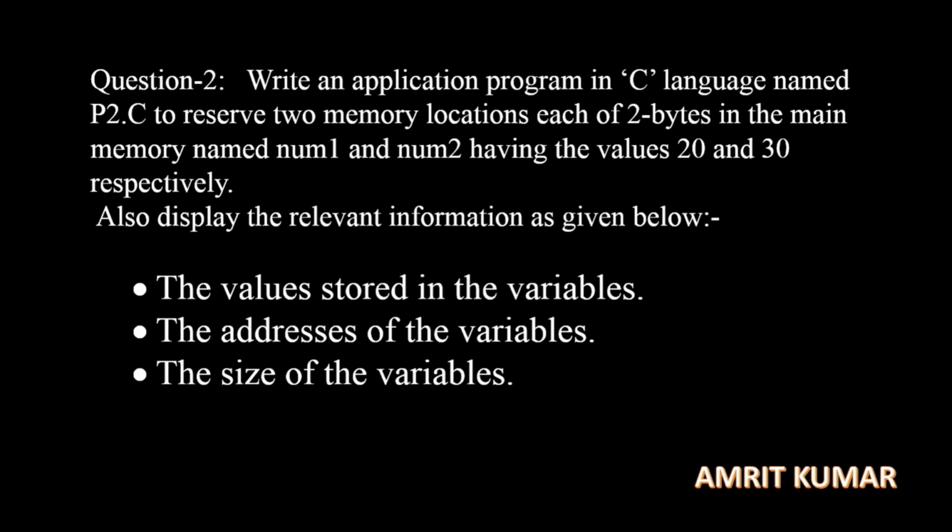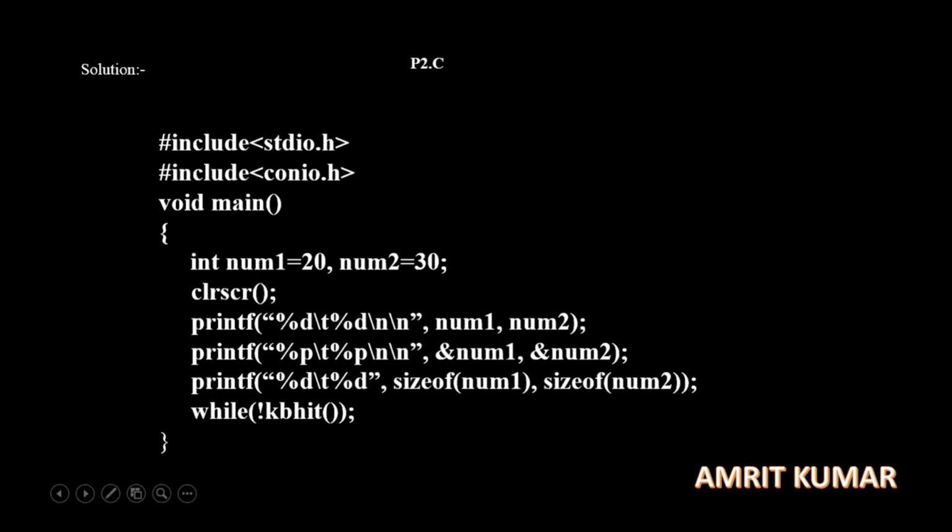Here we are considering 2 bytes, therefore we will use the integer data type, and we are also displaying the values stored in the variables, the addresses of the variables, and the size of the variables. So we will use the sizeof operator for this, the %p format specifier for addresses, and the %d format specifier for the value stored in the variable. Let's look at how we will do this.